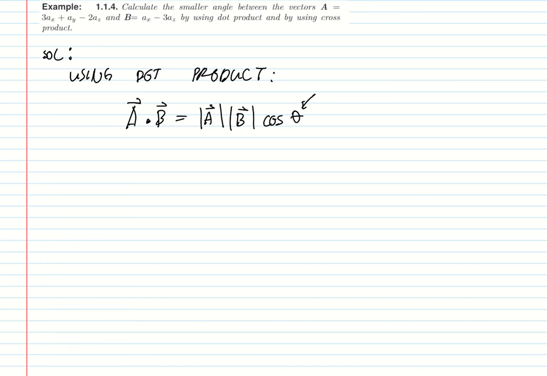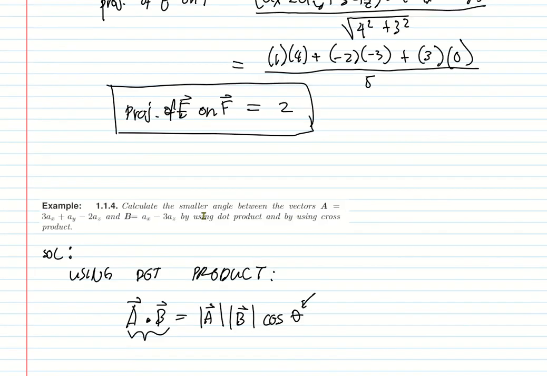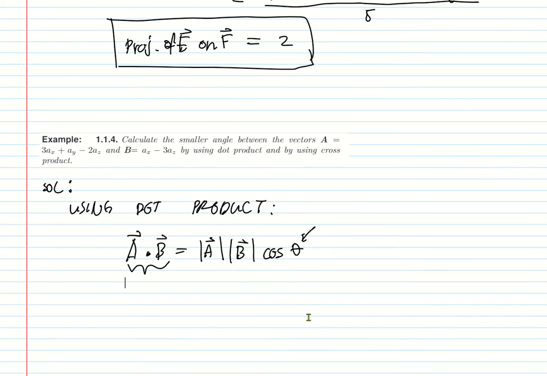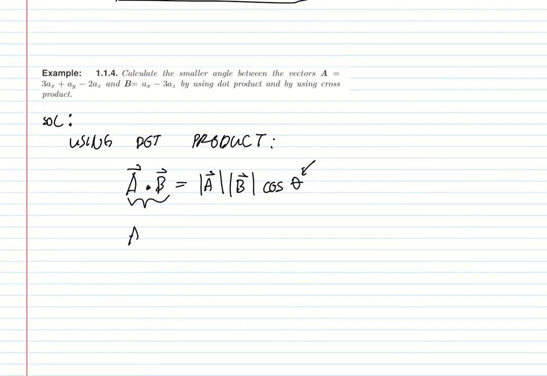So the first thing that we need to do is to find the dot product of the two, by using again the other definition, the one that we used here. We multiply the components. So A dot B will be equal to, for the x components, we have 3 for A and 1 for B, so 3 times 1.